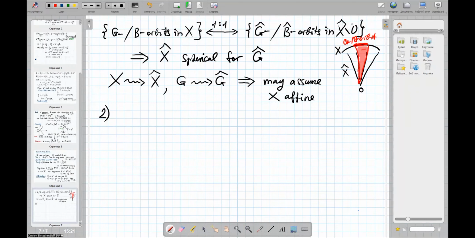So this guy is an open subset in X hat, and X hat itself is closed. But removing a single point doesn't change finiteness. So if the set of orbits were finite with this point, it would be finite without this point, and vice versa. So this is a harmless thing to remove a single point. Okay?